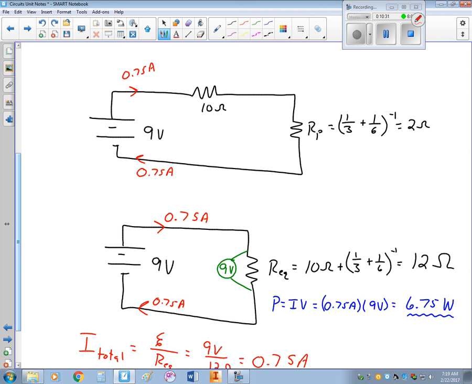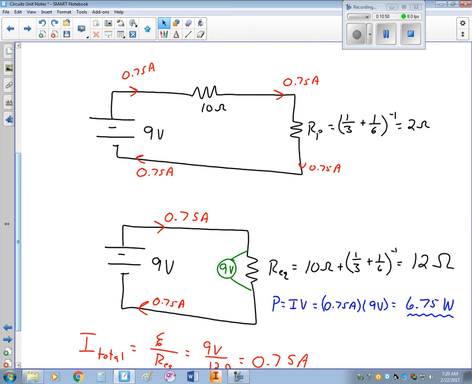So wherever I look in the circuit, I should have 0.75 amps. That current should be the same. And remember, current is just a counting game. We're just counting how quickly the charges pass through a point in the wire.